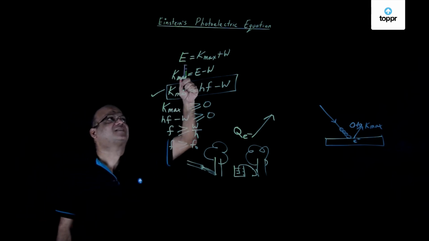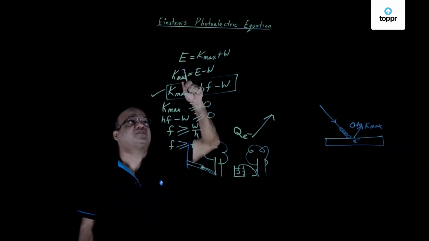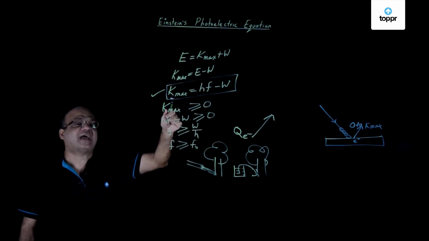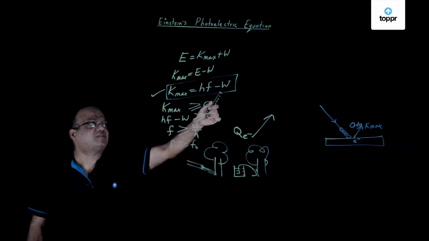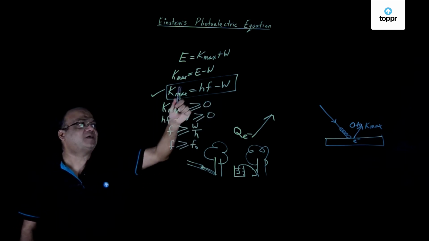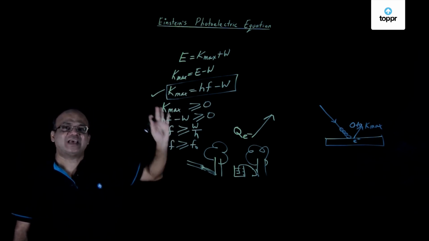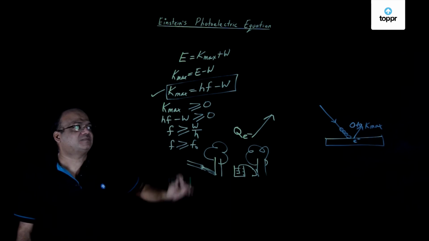So Kmax plus work function is equal to the energy of the photon. So from this equation, we get Kmax equal to hf minus work function. And it can be clearly seen that Kmax depends on frequency, not intensity. And that matches experimental observations.